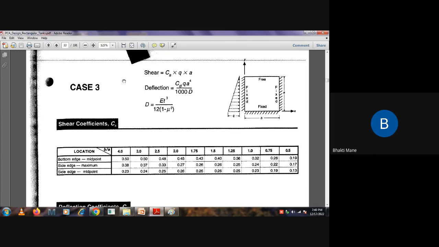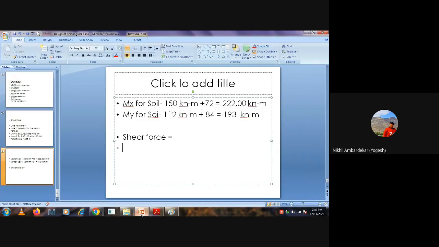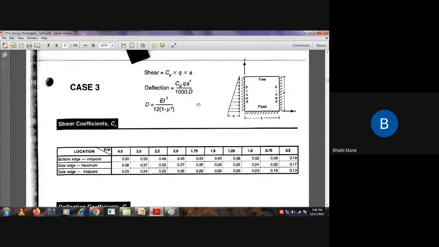120. Correct. 120 is the shear force due to water. What is the unit? Newton or kilonewton. Kilonewton. And what is due to soil? 132.